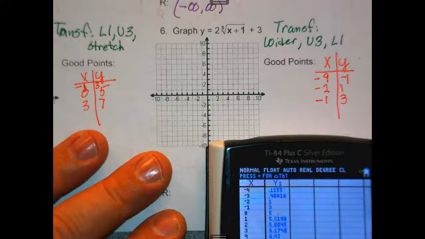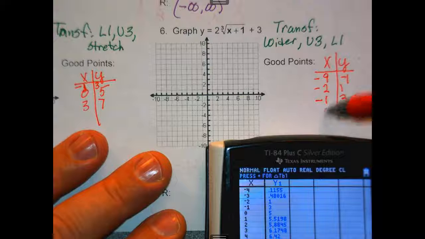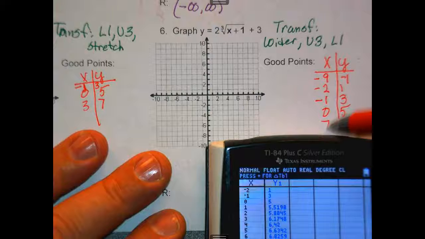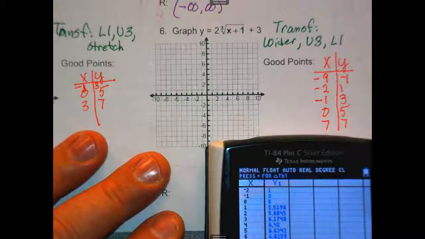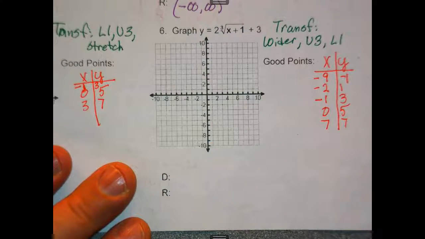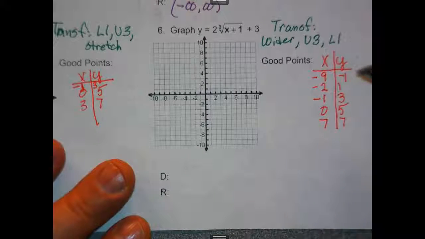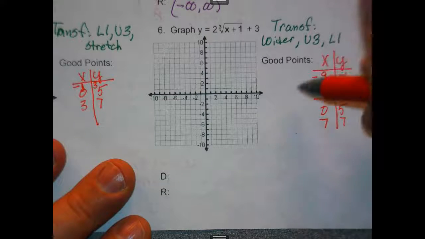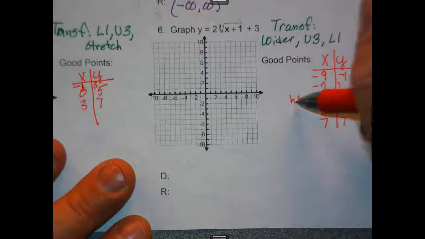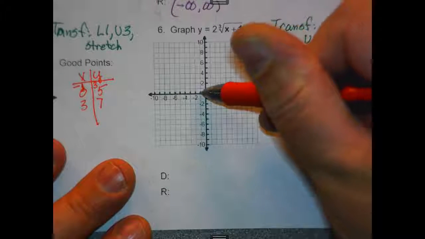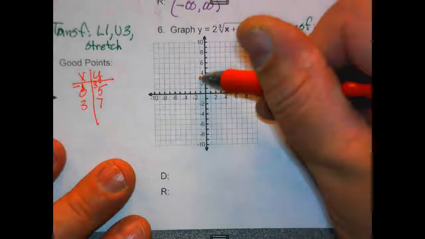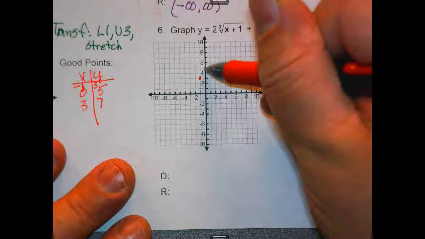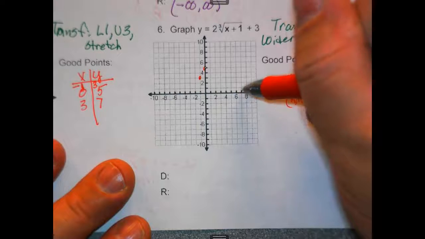Nope. 0, 5. And 7, 7. Okay, my HK was -1, 3. So -1, 3, 0, 5, and 7, 7.